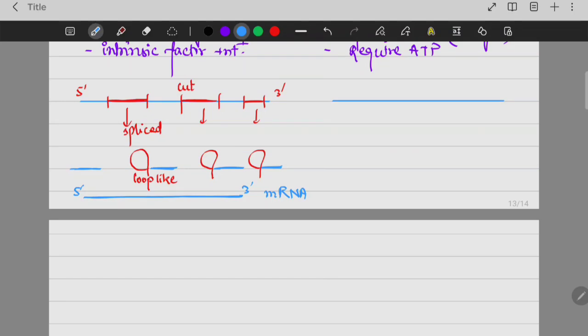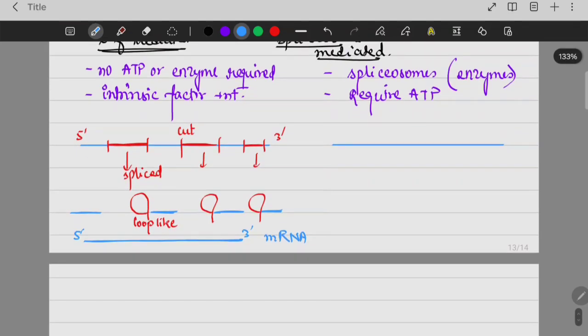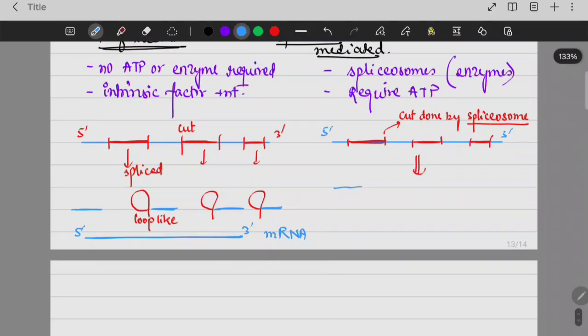Now, spliceosomes. If I take this as the 5' end and 3' end, these are the introns present. Same here, the cuts will take place here, here, and here, but these cuts will be done by spliceosomes. After that, these are spliced, and again the same loop-like formation takes place.